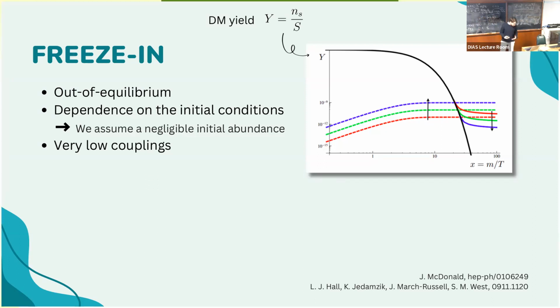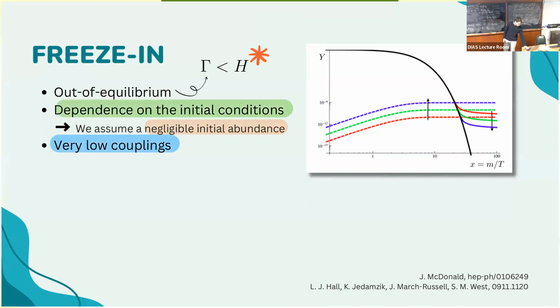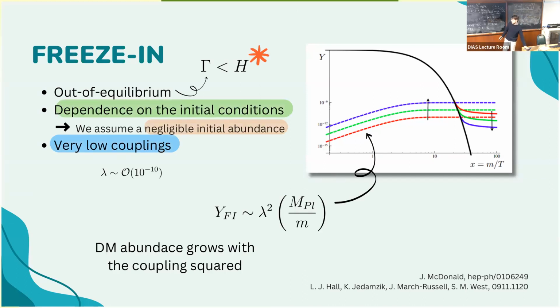And if you go on and do your computation, you see that the couplings that you need in this case are very low, order 10 to the minus 10. And yeah, so out of equilibrium generally, but we'll see it a little bit better later. That's why I put the asterisk there. We can imagine that the production rate is smaller than the Hubble rate throughout the whole evolution of the universe.